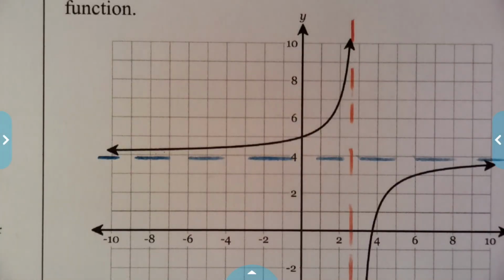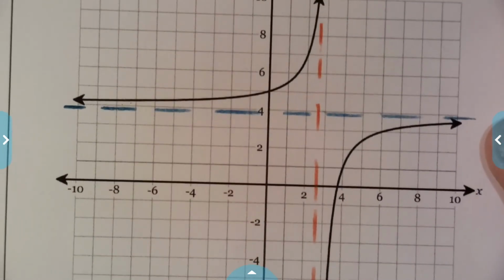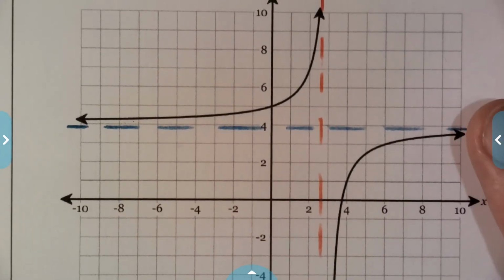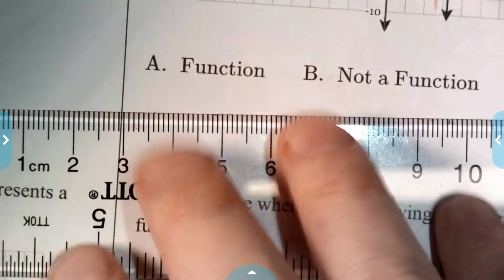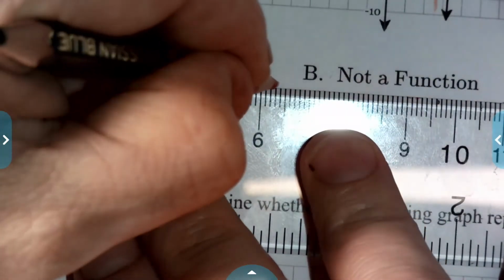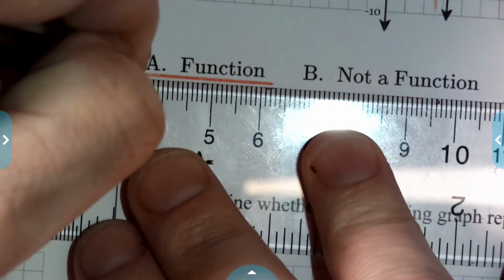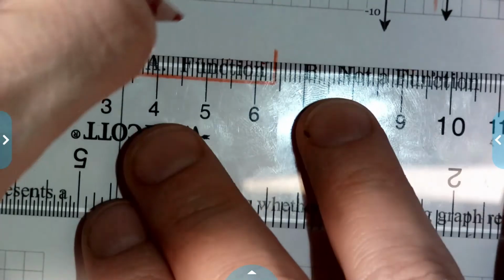So this has horizontal and vertical asymptotes. And so it's a function, because my vertical line test would never find the same x value repeated.